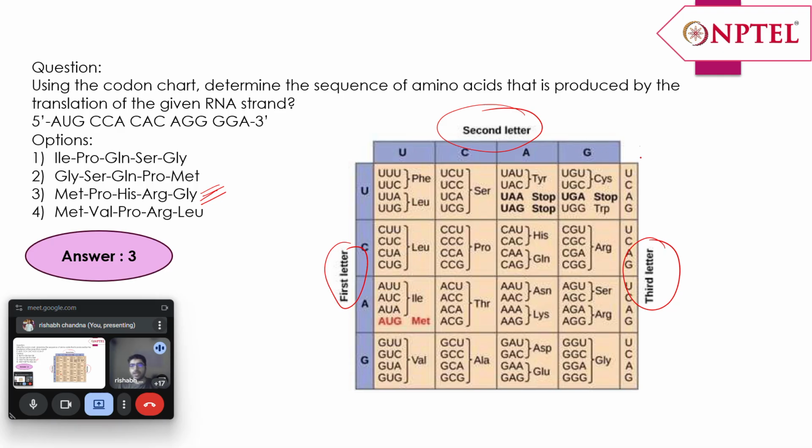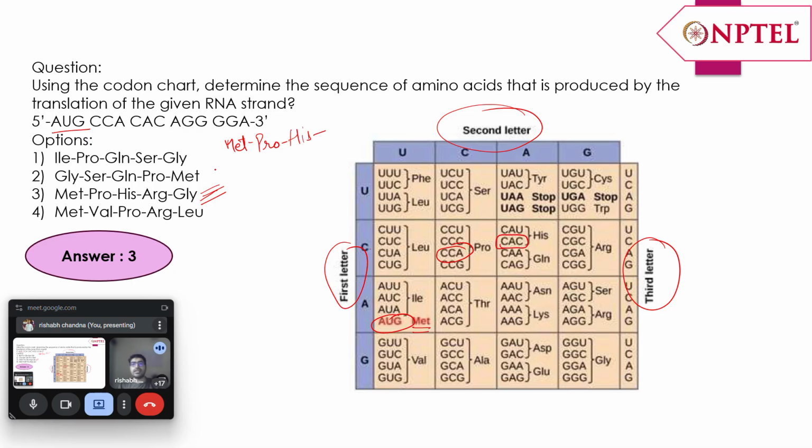Okay. So the first codon is AUG. So it would come here. That will code for methionine. Okay, then we have CCA. So C, C, and then A. That means it will code for proline. So the first one would be methionine, then proline, then CAC. So C, A, C. This would code for histidine.